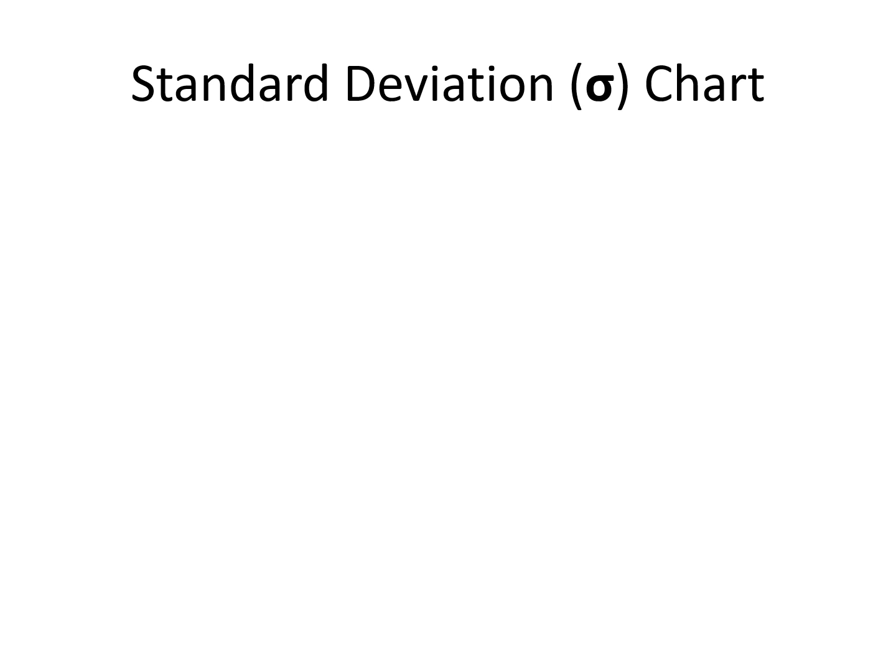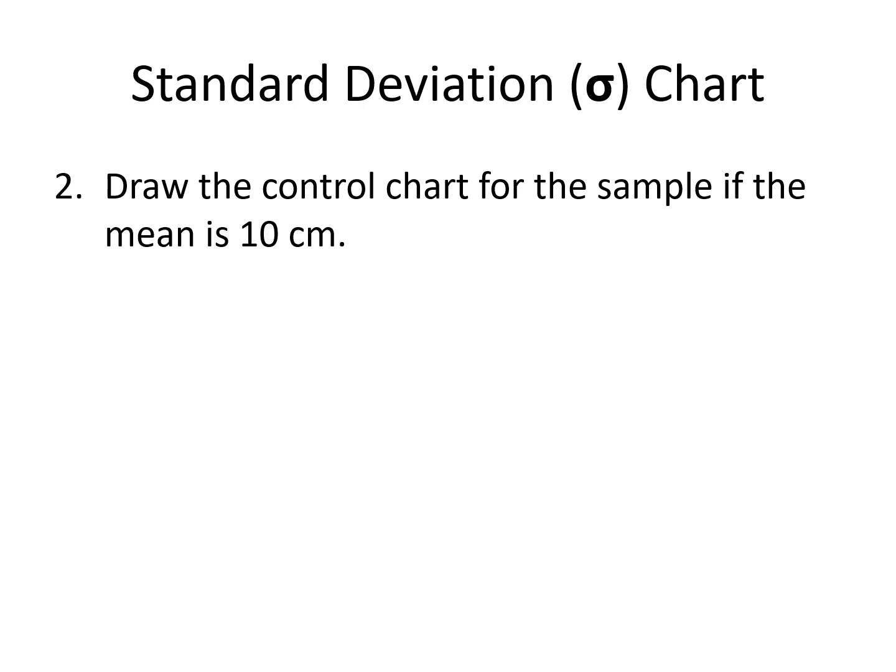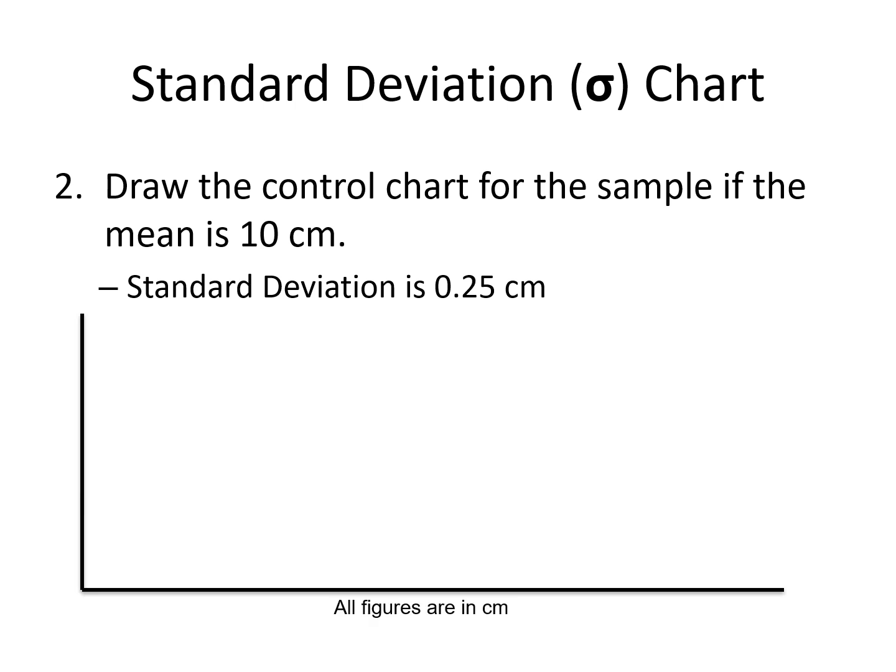Now we come to the second part of the problem, which is to draw the standard deviation chart with the data where the sample mean has been provided as 10 centimeter and the standard deviation as 0.25 centimeter. This is a much simpler part of the problem where we draw the center line at 10 centimeter, as provided, which is the sample mean.